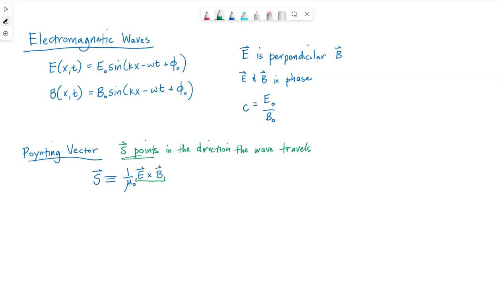Now, this equation does not give you the speed of the wave. This equation describes the energy flow of the wave.